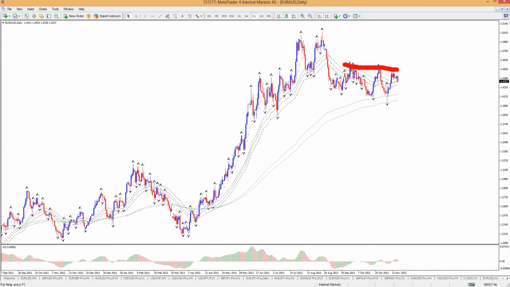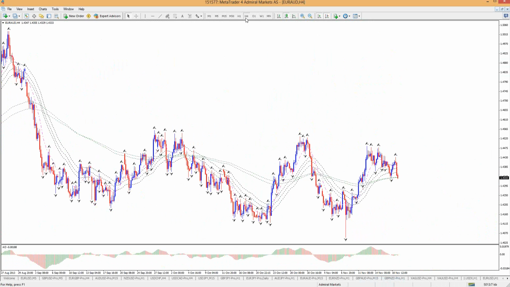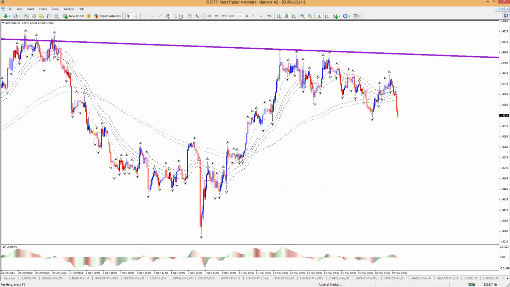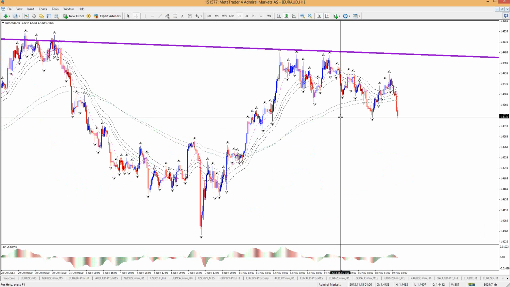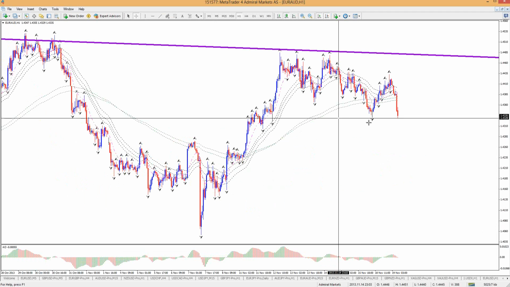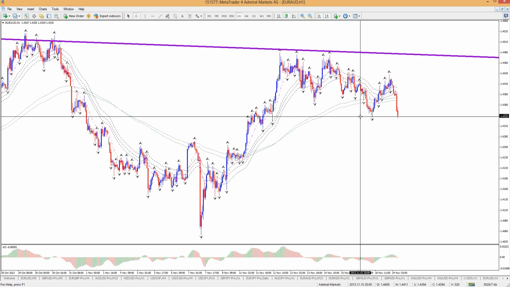Here too, right at resistance in this downtrend channel on the daily. 4-hour chart, same story. And we're breaking through these supports, and even this one now as we speak. No, not yet. We just pushed a few pips through that, in fact.